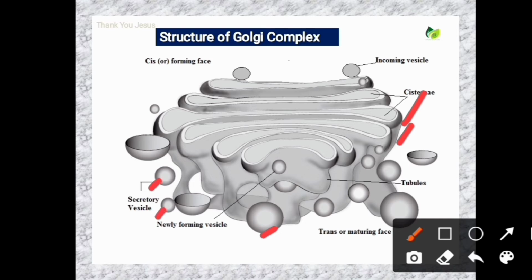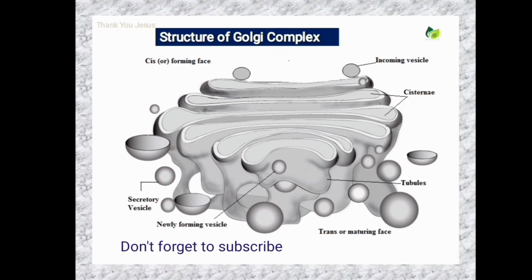These vesicles develop either by budding or by constriction of the ends of the cisternae. These are nothing but vesicles. So this is regarding the Golgi complex.